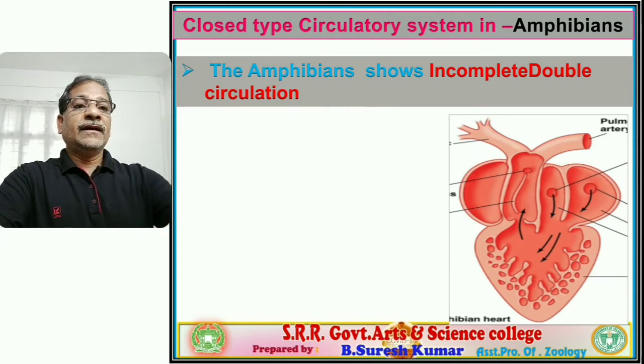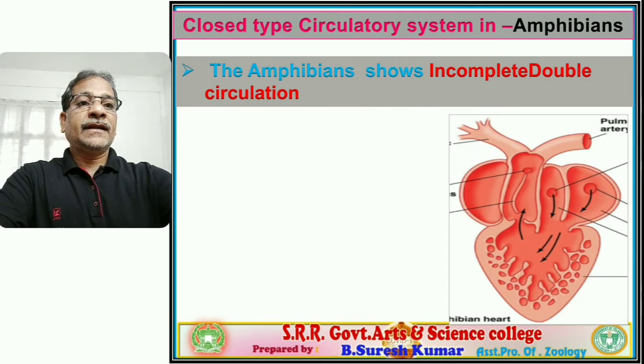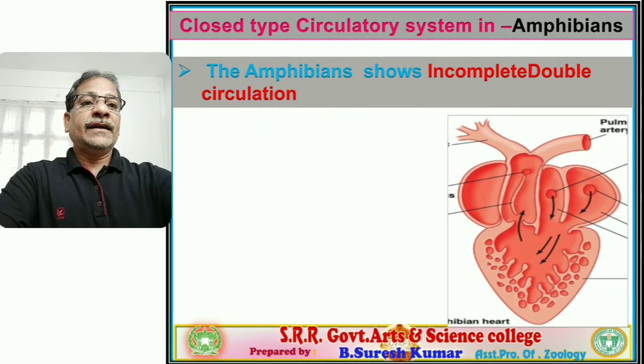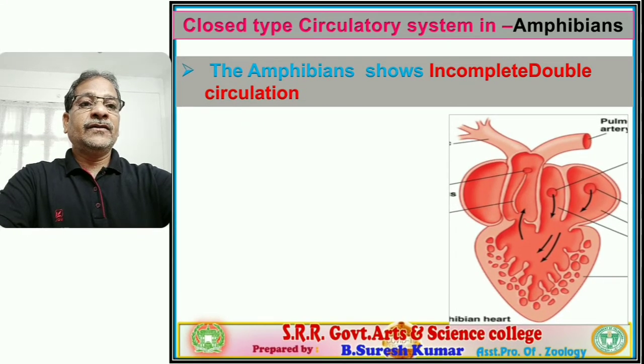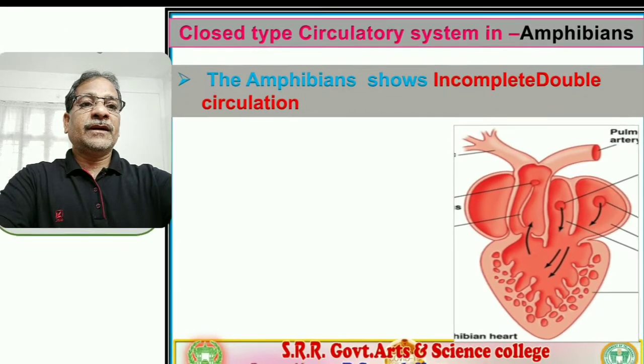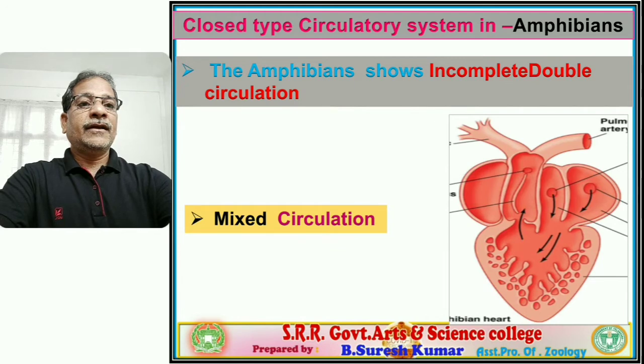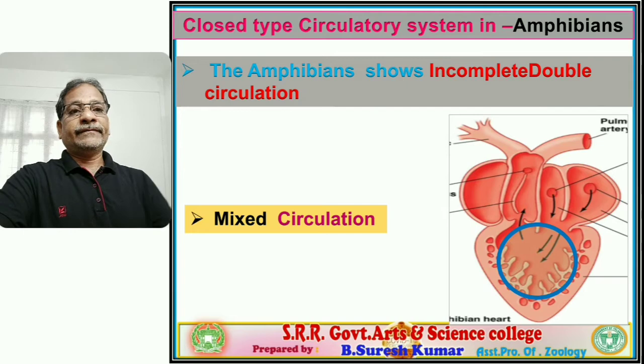Why? Because you observe the oxygenated blood is received into left atria, and the deoxygenated blood is received into right atria. After that, both oxygenated and deoxygenated blood are pumped into the same ventricle, same chamber.